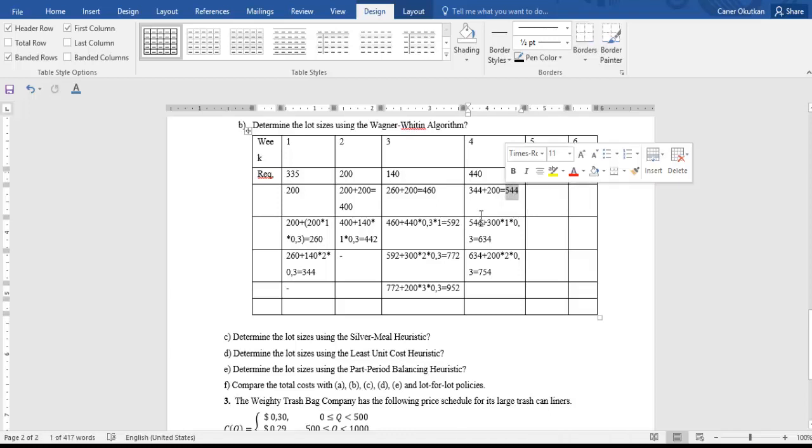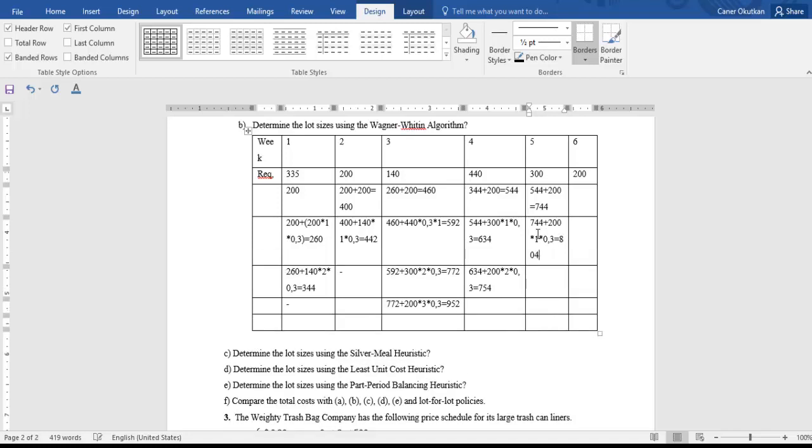So we look here, which is the minimum. This is minimum, so we use 544 plus 200 equals 744, and 744 plus 200 multiply 1 multiply 0.3 equals 804.